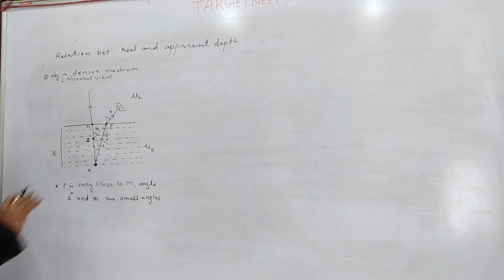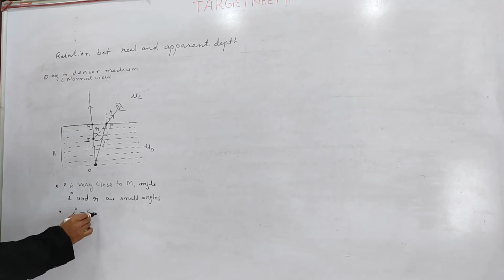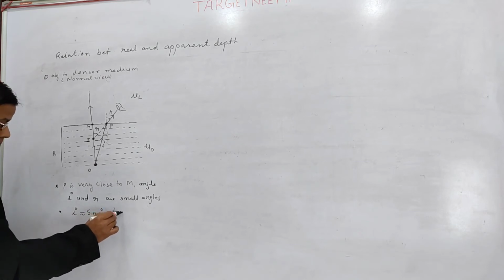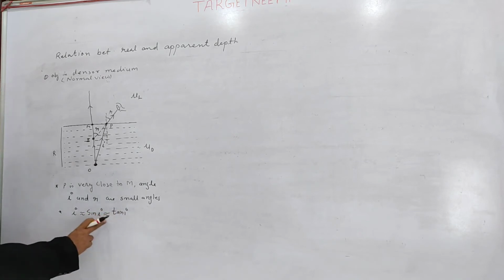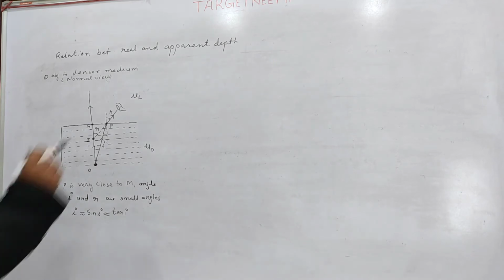You can apply the small angle approximation, means I is equal to sin I is equal to tan I. So if angle is small, then I can write I, or sin I, or tan I, and all are approximately equal. So this assumption we are going to take.